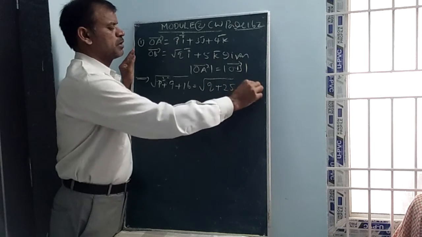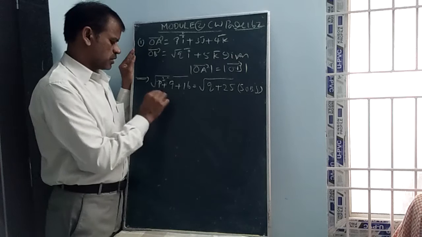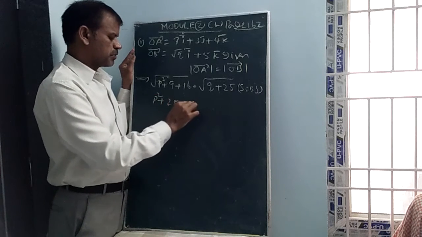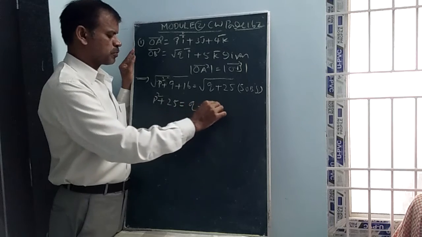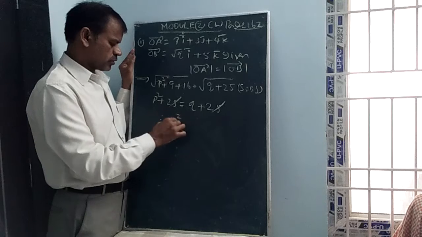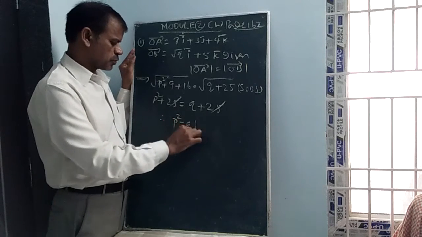Now square on both sides: p square plus 25 equals q plus 25. The 25 cancels. Therefore p square is equal to q.